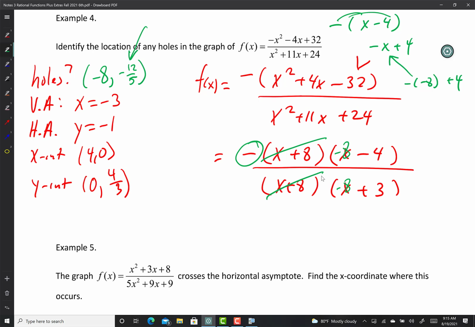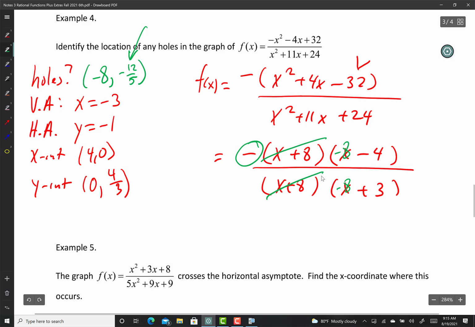That would be positive 12 now. No, you're good. You're good. All right. Any other questions, guys? All right.